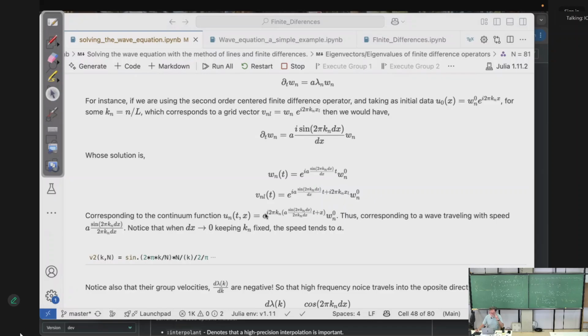So the solution we are getting is a continuous function here, which is this one. So we have a wave traveling at this speed now. And this is A times the dispersion relation that we find, okay?